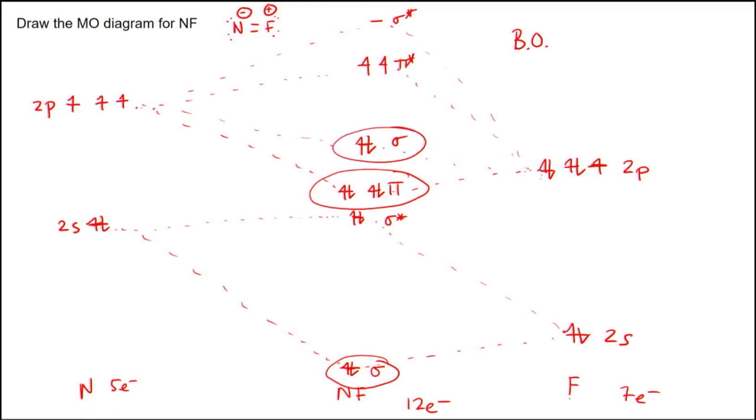So we have 8 bonding electrons, and then we subtract the number of anti-bonding electrons. We have 2 from here and 2 from here, so that is 4. Then we divide that by 2. So 8 minus 4 is 4, over 2, comes out to 2. We would expect a bond order of 2, which matches our Lewis structure in this specific case.